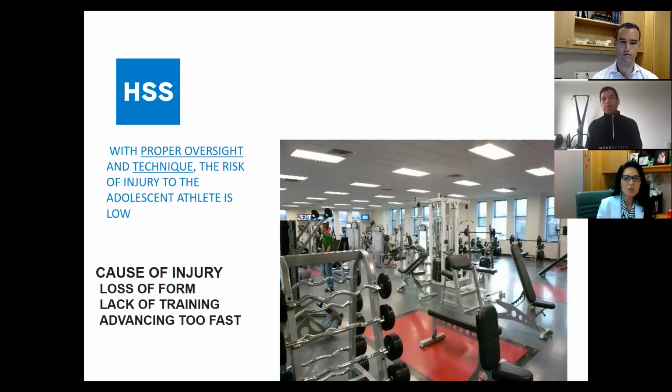We can get so hung up on fancy equipment and then forget about the purpose of what muscles you're trying to work out. So I always tell my patients that it's important in the weight room that you know why you're doing the exercise, and if you have the benefit of having a good trainer, also ask the trainer why that muscle is in particular important to your motions and your sport.